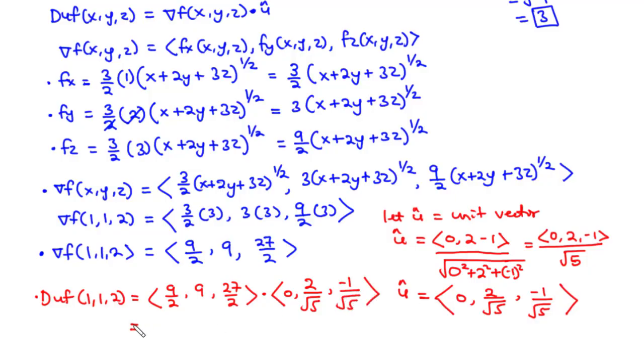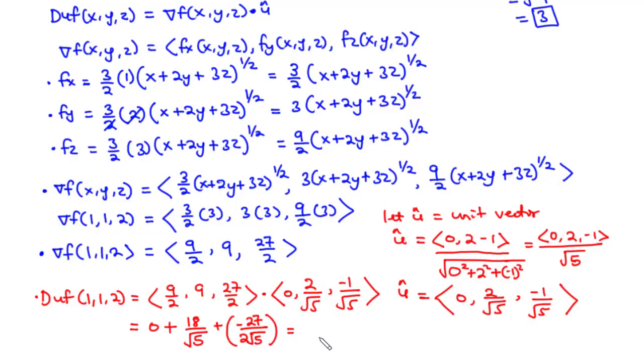So we multiply corresponding components and then we add them up. So 9 over 2 times 0 is 0, plus 9 times 2, which is 18, so we have 18 over root 5, plus, so this time we have negative 1 here, so that becomes plus, in brackets, negative 27, so that you always remember that we add corresponding components, and then 2 times root 5, so this is 2 root 5.